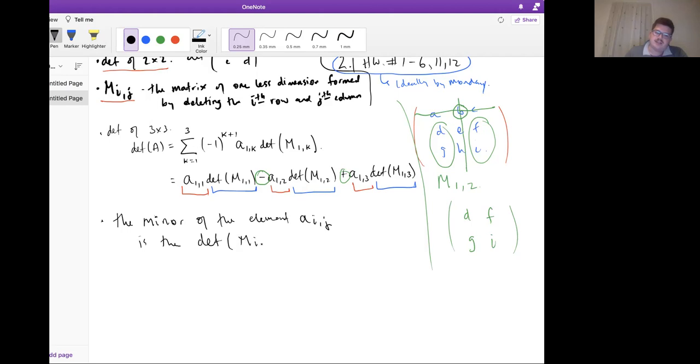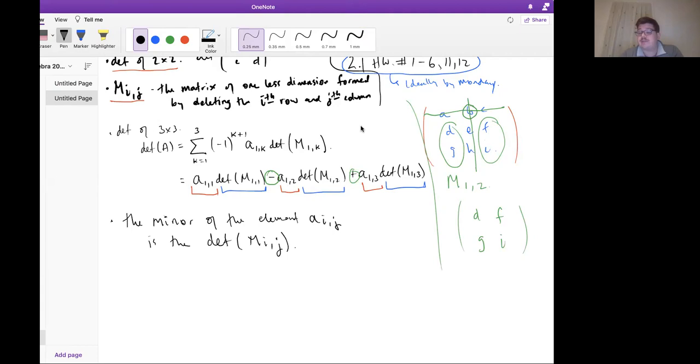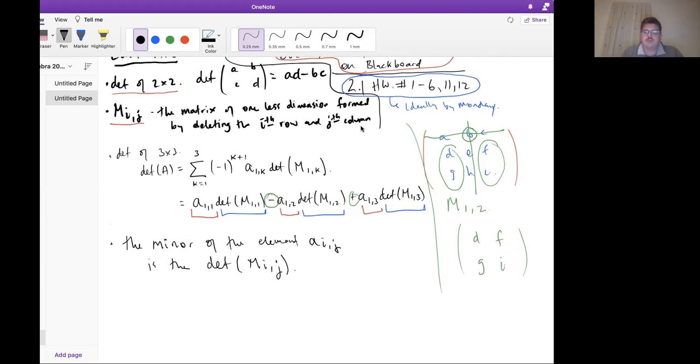Sorry, last time I said that the matrix was the minor, but the minor is just the determinant of the matrix. So the minor is a number. Any questions? We'll do one more example, and then we'll discuss other properties. But any questions just on those basic notions of the determinant from last time?